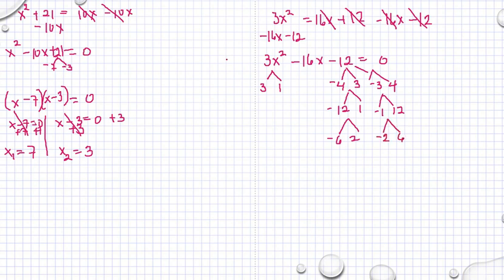I don't know which of these will give us negative 16. So if I am going to multiply 3 times 4, that's 12. That's too little. Okay, 3 times 12 is 36. That's too much. Then 3 times negative 6 is alright.